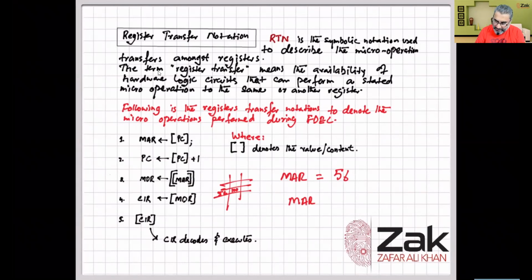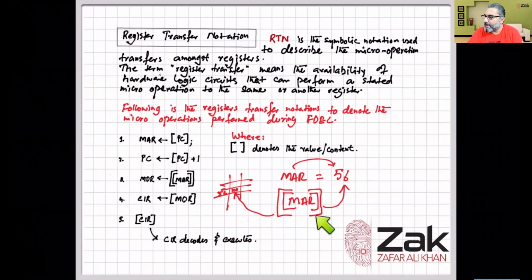When I say MAR, I mean 56. When I say the content of MAR, I mean 56. But when I say the content at the address mentioned in MAR, then I mean 100. So the inner bracket means the content of MAR, that is 56.